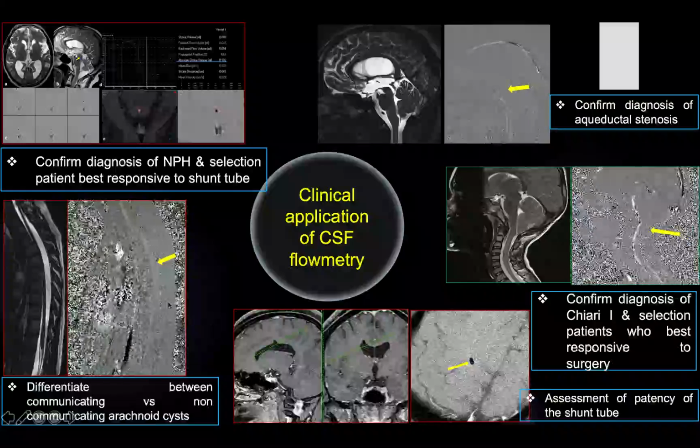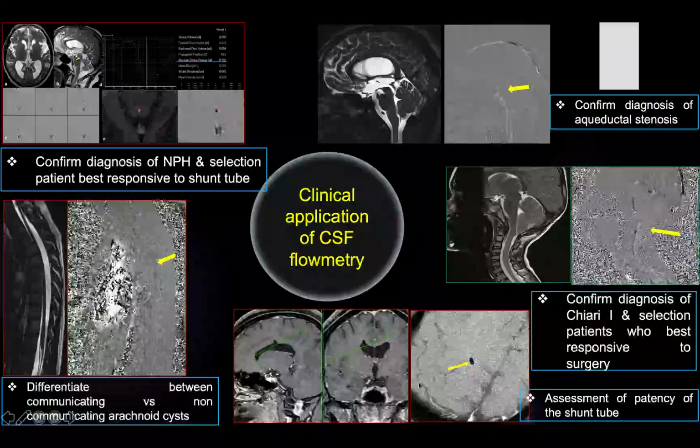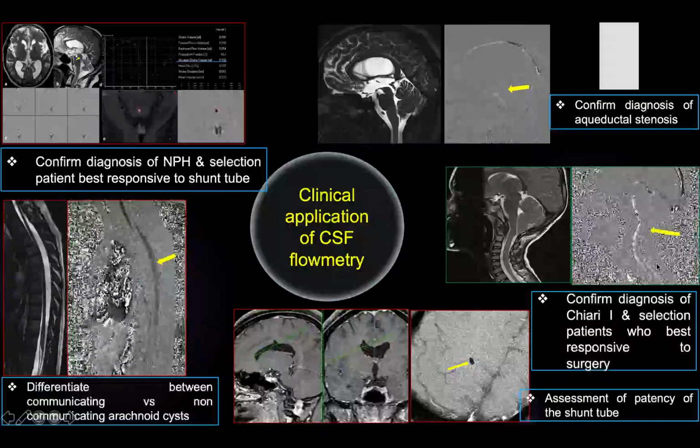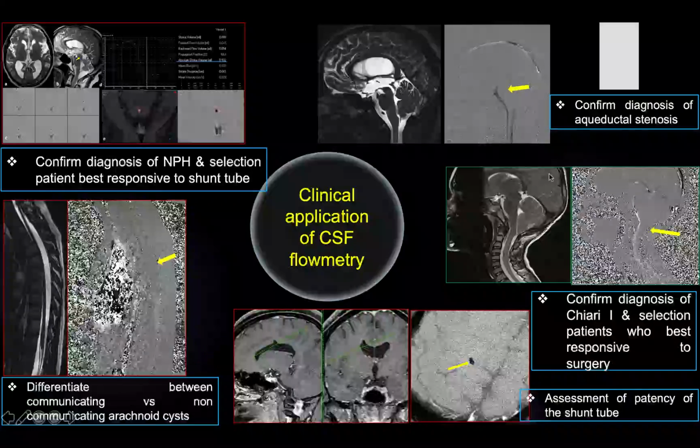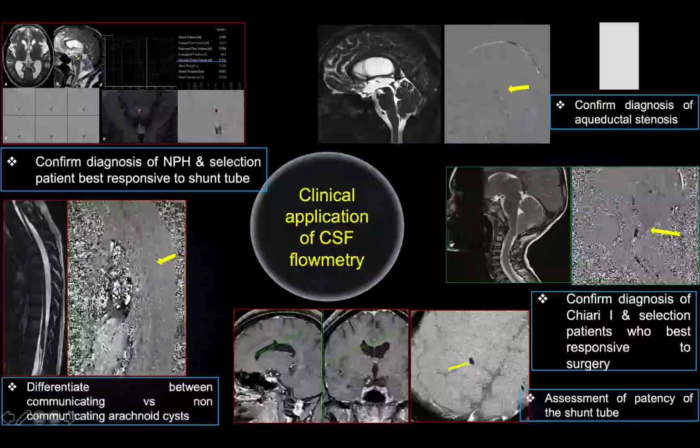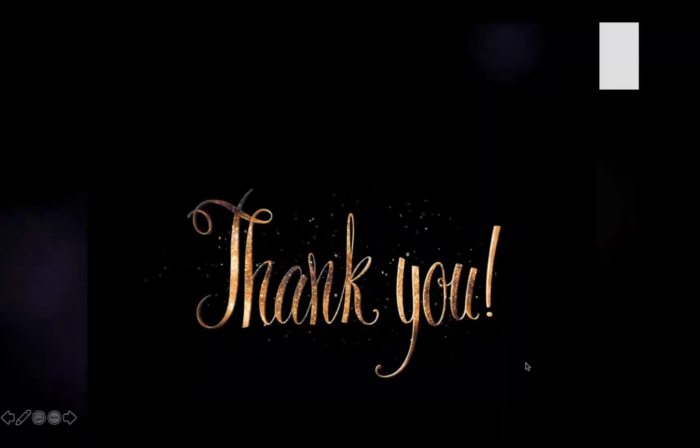All these clinical applications depend only on the qualitative assessment, not the quantitative assessment, of the CSF flowmetry study. So these are the most important clinical applications for the CSF flowmetry.